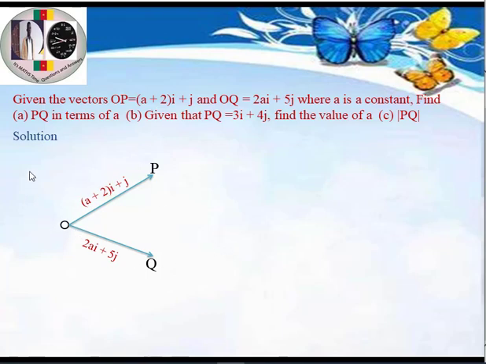So question A is to find the vector we walk from P to Q, which is vector PQ.